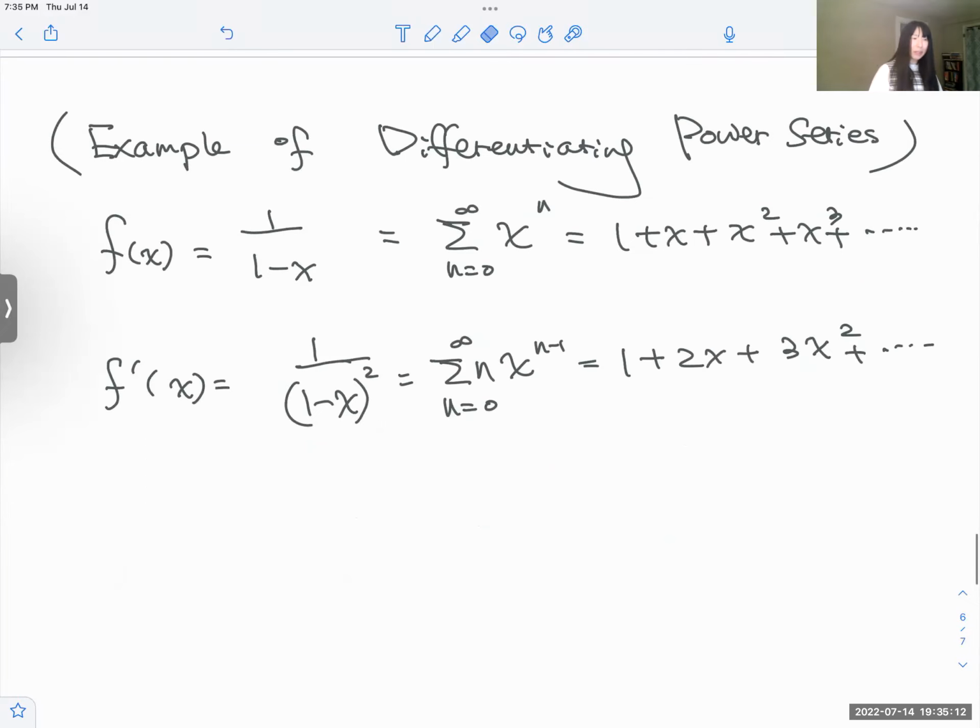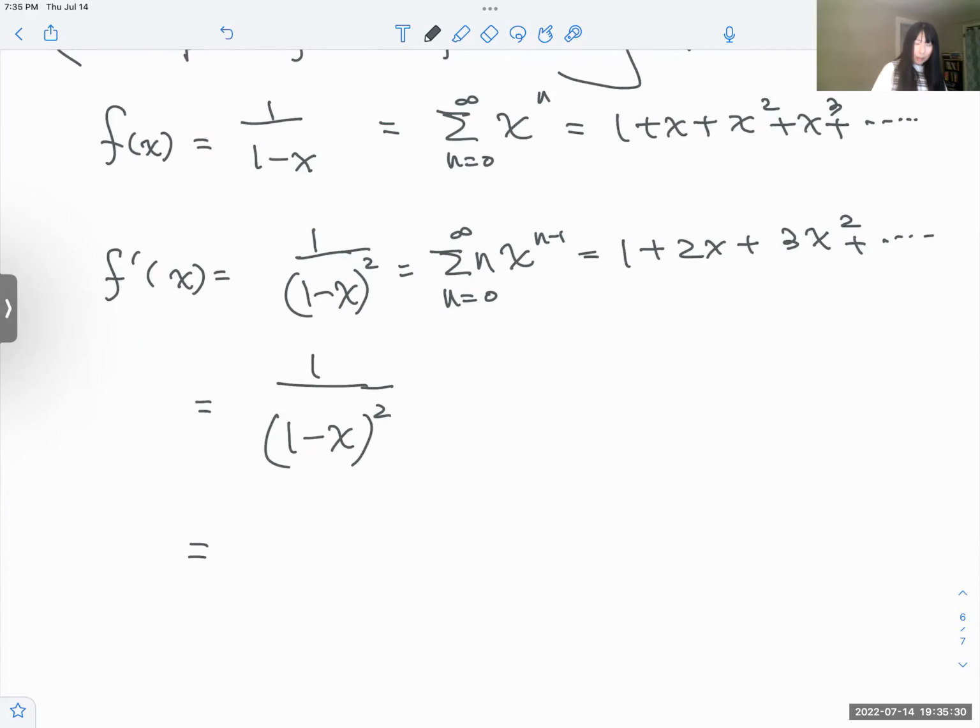The book said that we have f prime of x, which is g of x, then 1 over 1 minus x to the quantity squared. And then we're gonna have the derivative of this one.